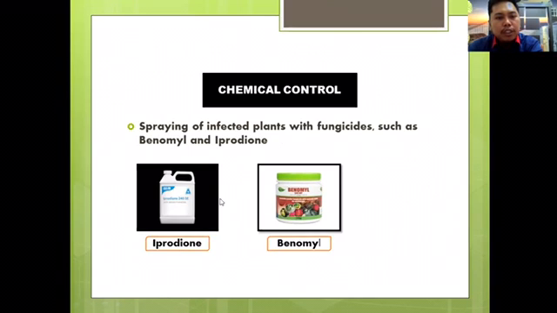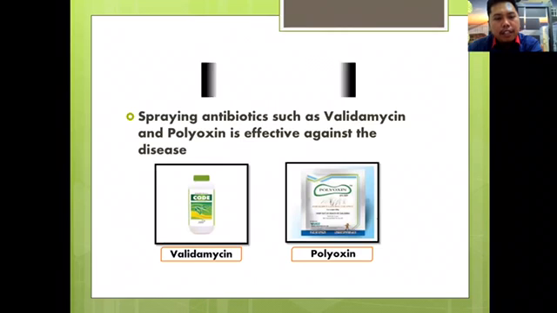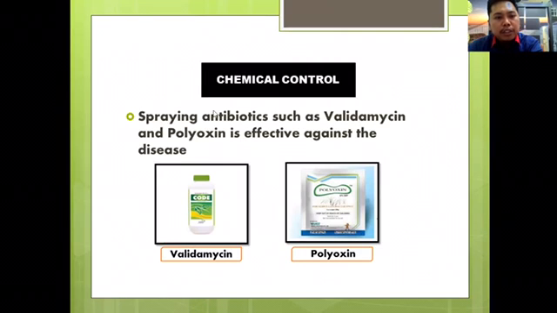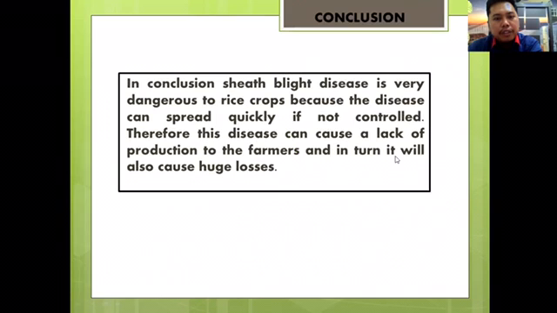You must use the fungicide to kill the disease quickly, and you can also spray antibiotics such as vancomycin and polymyxin, which are effective against the disease. This picture is vancomycin and this picture is polymyxin.